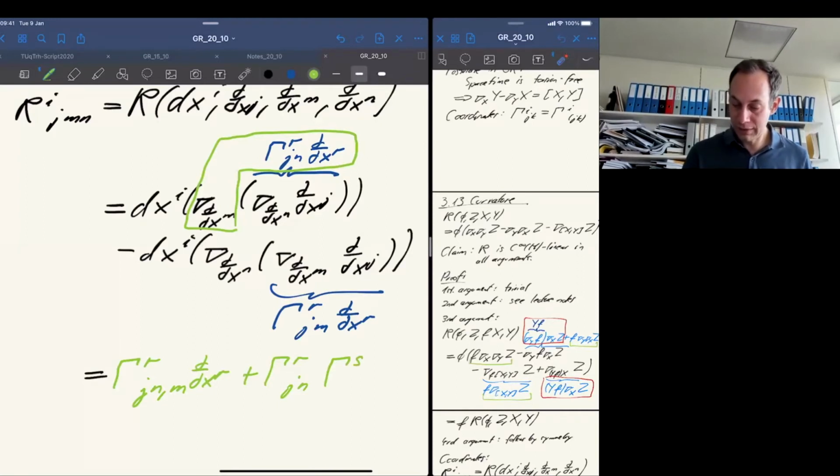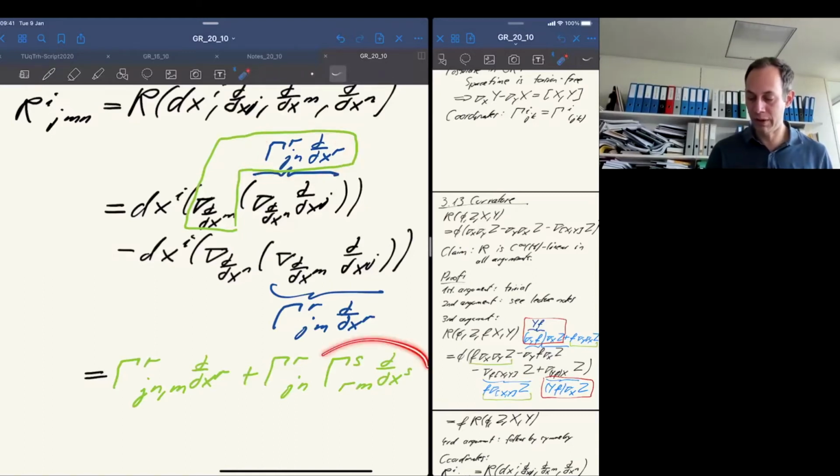Then it's taking the derivative of a vector in direction r. So I write as a first index r, and then the direction m, that's the direction in which the derivative goes, and the whole thing has to be expanded over these vectors s. So that's the same trick as above. It's not a trick, I just write out the vector as a summation over the coefficients times the basis vectors.